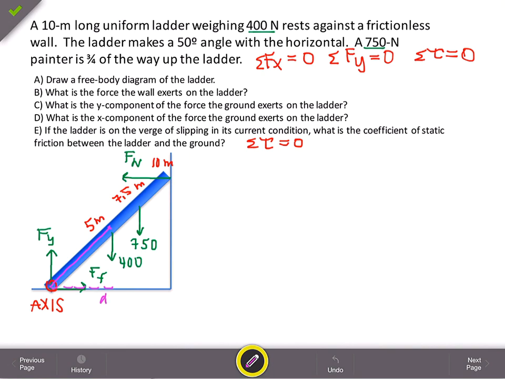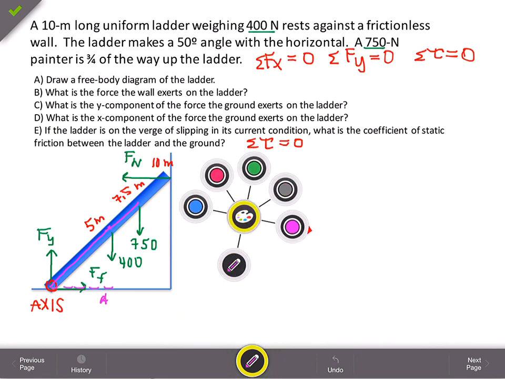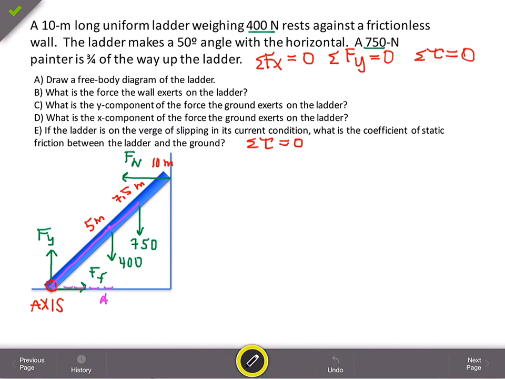I'm going to call that distance A. That's the part of the distance that's perpendicular to the 400 Newton force. In the same way, the part of that whole distance that's perpendicular to my 750 Newton force is this part right here, which I'm going to call B.